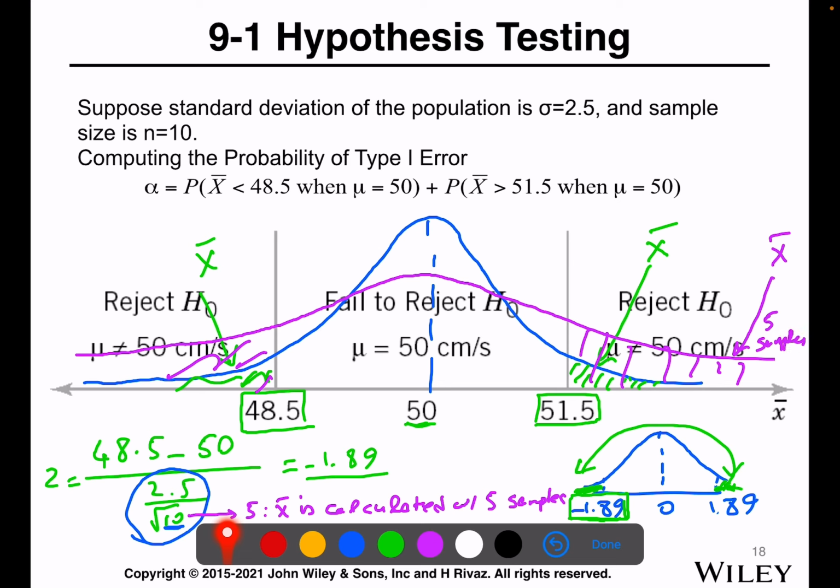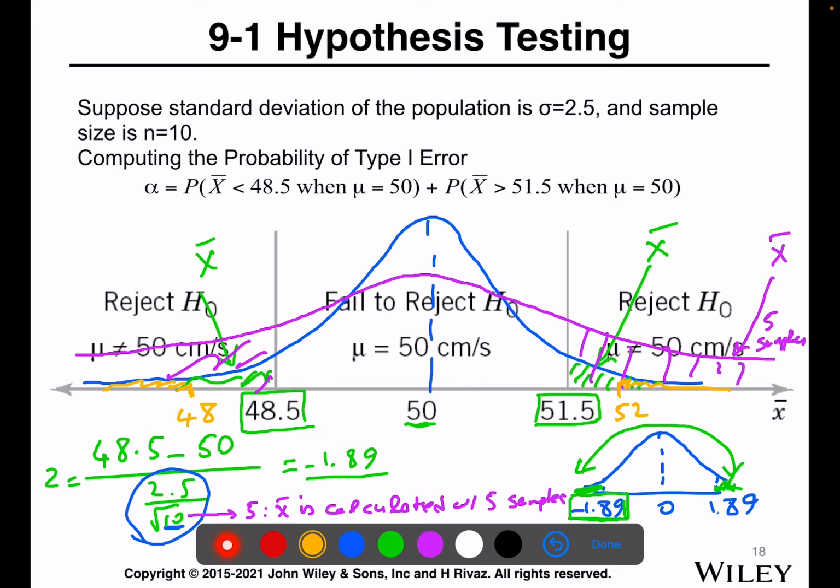The next part of the question is asking what happens if you change the acceptance range. So instead of 48.5, what happens if your range increases from 48 to 52? So basically, you reject the null hypothesis if you're here or if you're here, right?